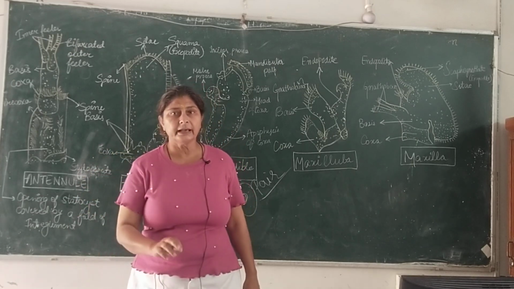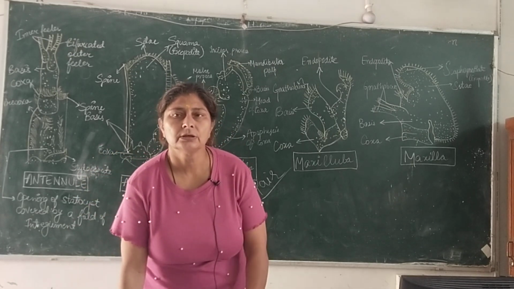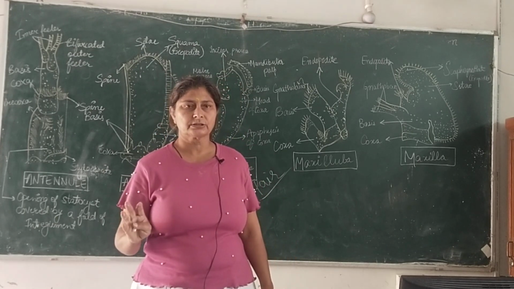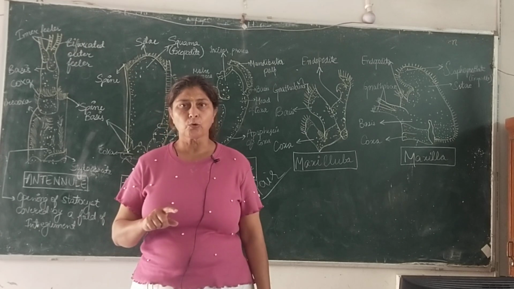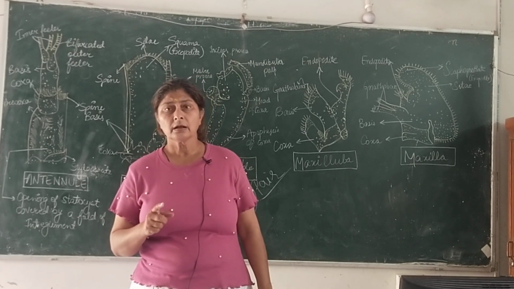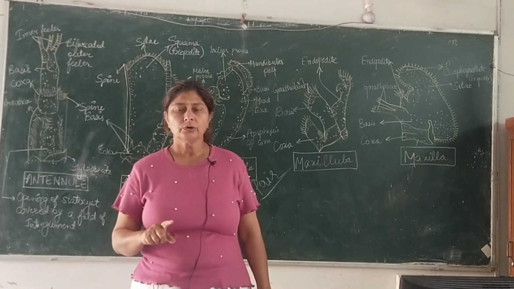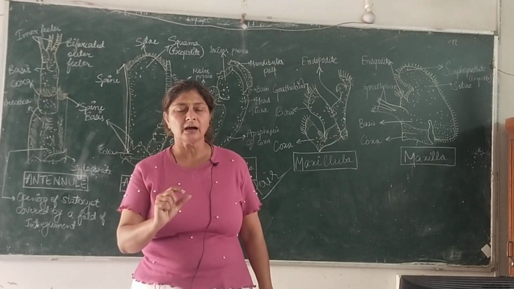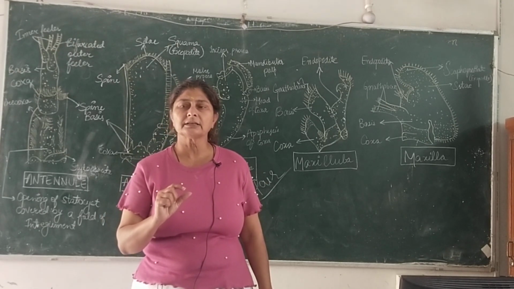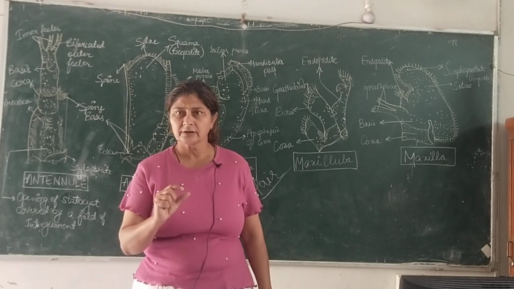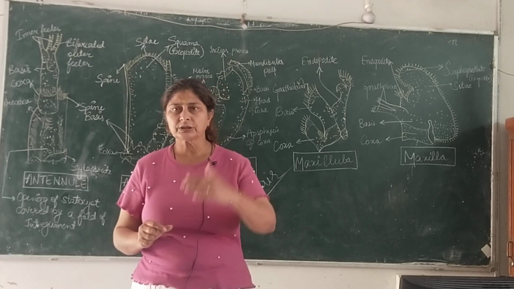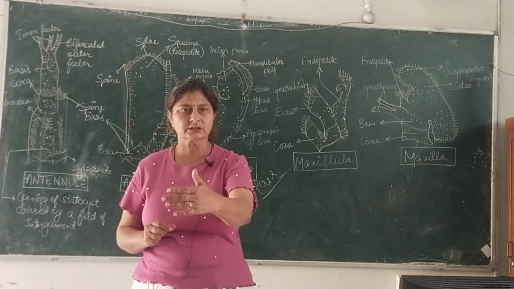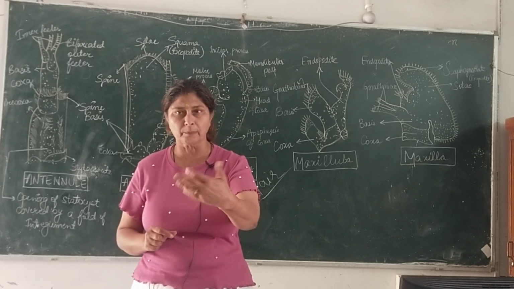Now each appendage has 3 important structures, which I told you in cockroach also. The base, which is joined with the body part, is called the protopodite. The part toward the outside, which we can see easily externally, is called the exopodite.